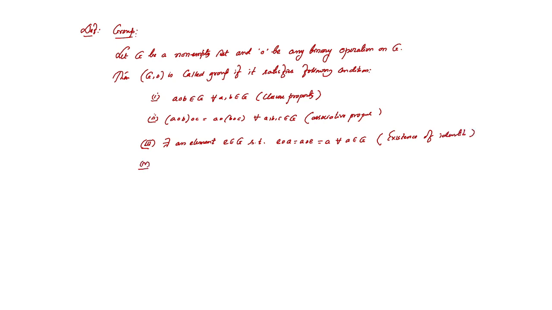Next, the fourth property to be a group is called the existence of inverse. That means for all A belongs to G, there exists an element B belongs to G such that A not B equals identity equals B not A. And this is called the existence of inverse.